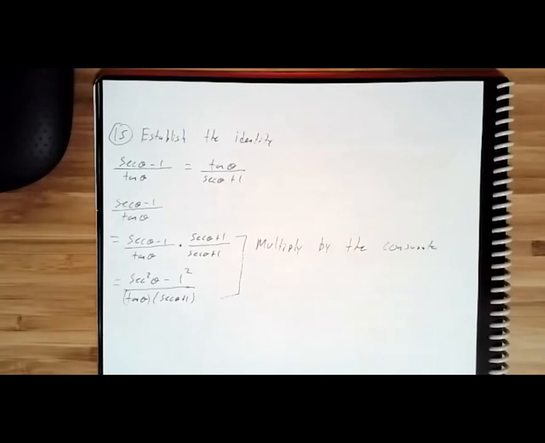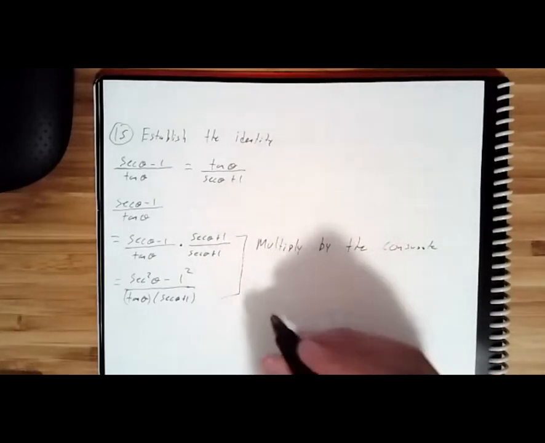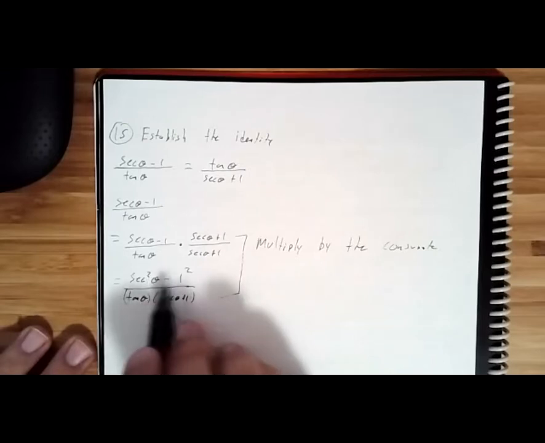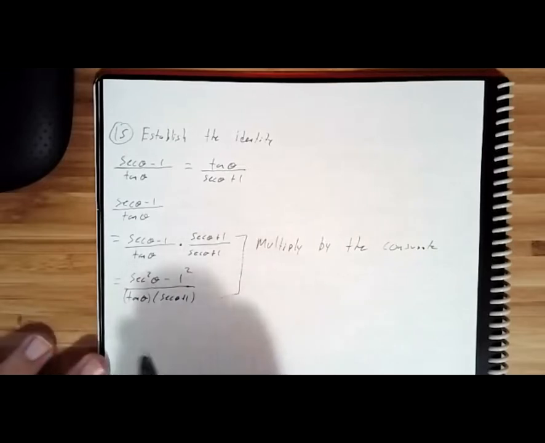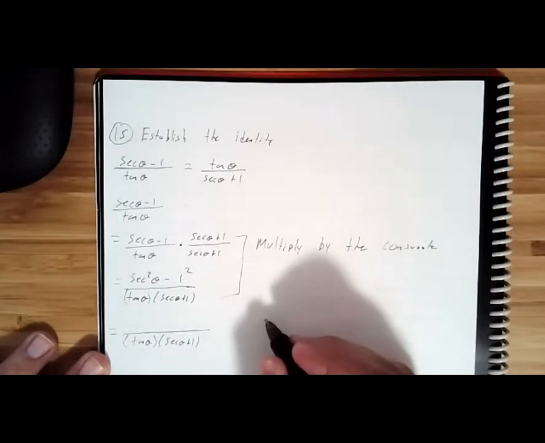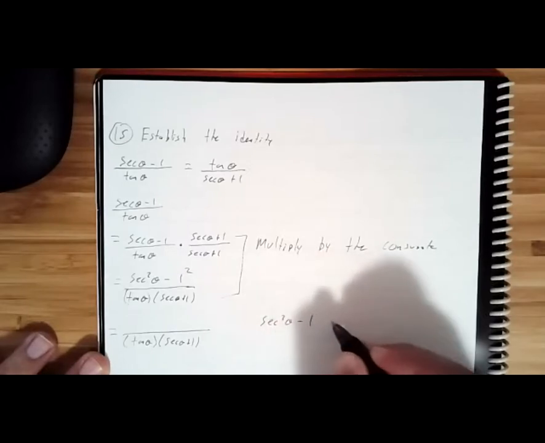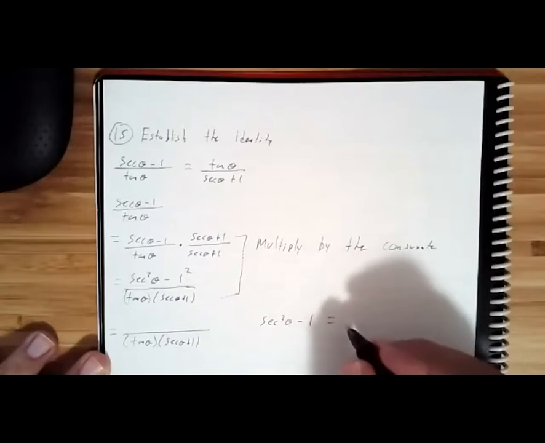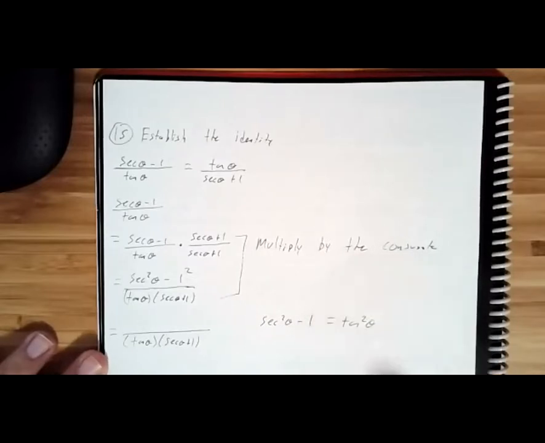So it's one of the techniques. The other technique was just add fractions. This one is try a conjugate and see if it works. Let's hope, right? On the top, do you recognize what formula this is? Right, we said that secant squared theta minus 1 is equal to tangent squared based on your identities.